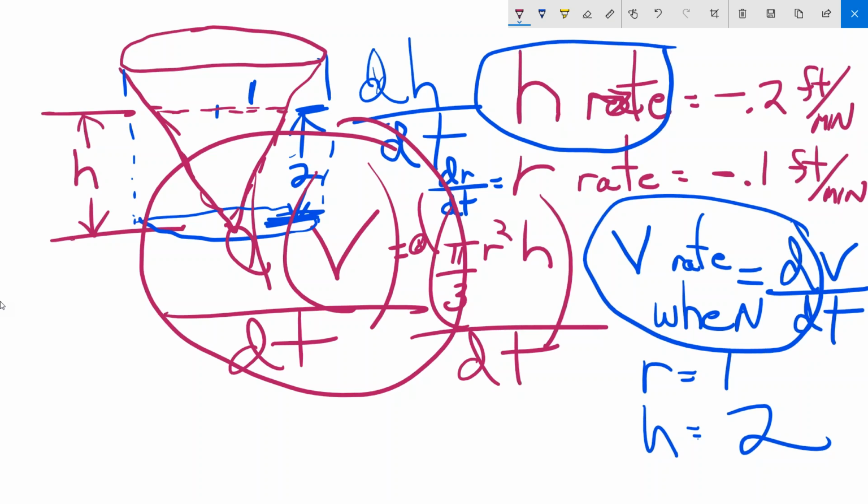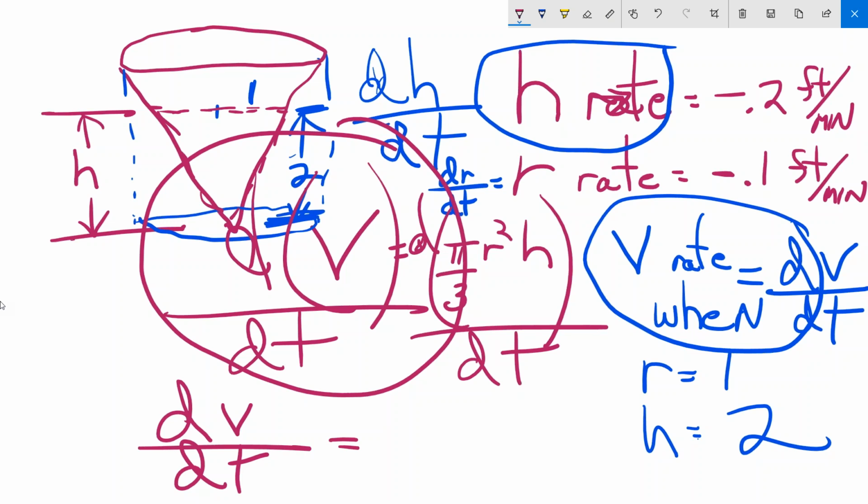So we're not plugging in the pi over 3 yet. Not yet. First, we're taking the derivative of the left side and the derivative of the right side implicitly. So here's what the derivative of the left side becomes. See why? The derivative of v is 1, but since v is not t, I've got to follow it with a dv dt. So that's exactly what the left side becomes.